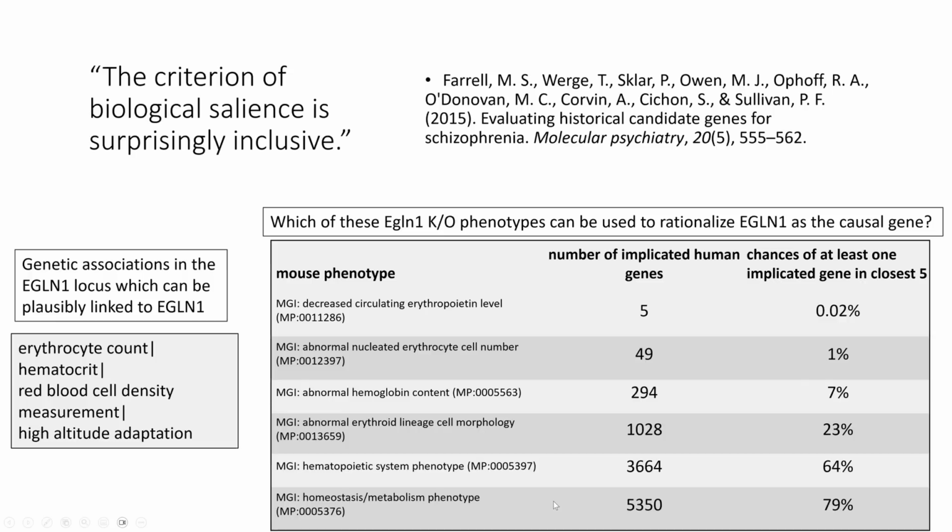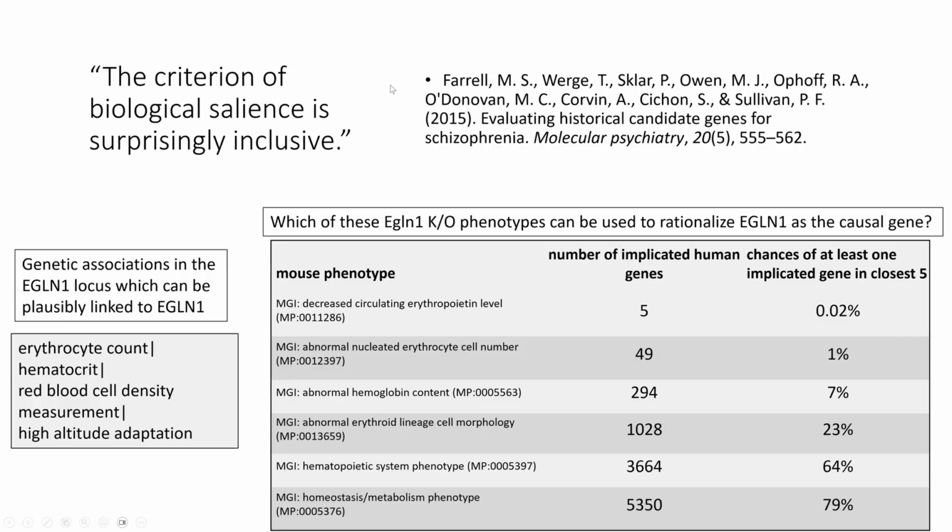Of course, the MGI is a nested hierarchy. It's an ontology, so you can go finer and finer in detail. Down here you can say abnormal nucleated erythrocyte cell number. There's only 50 genes that have that, so you only have a 1% chance of finding one of these genes throwing a random dart at the genome.